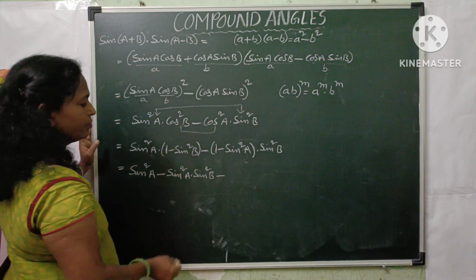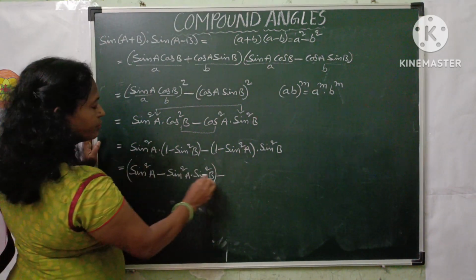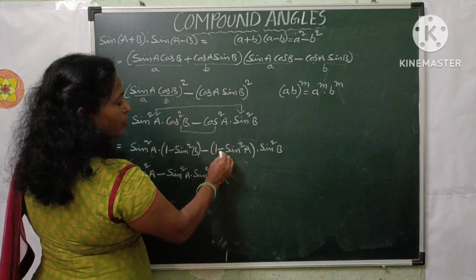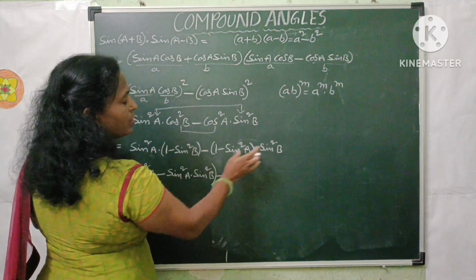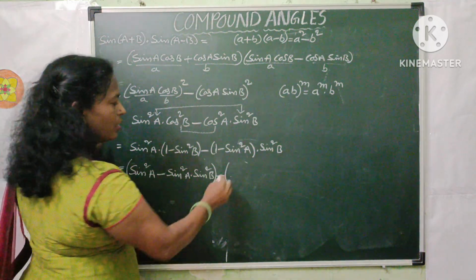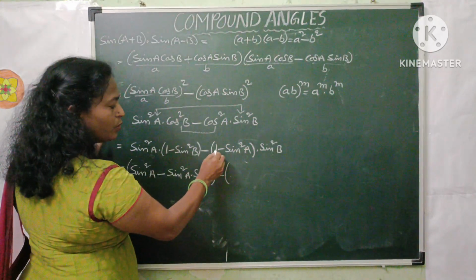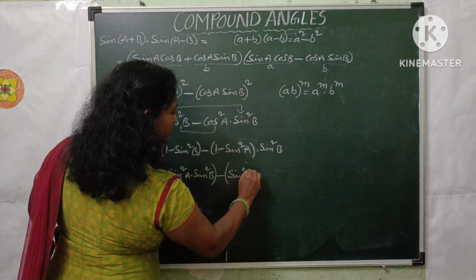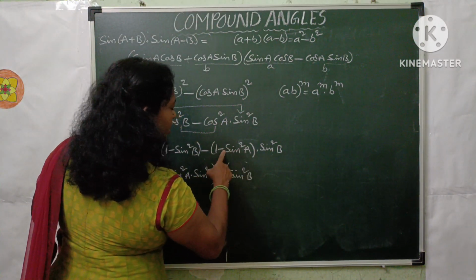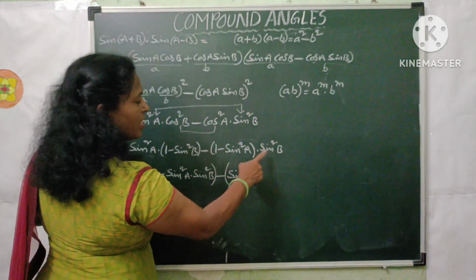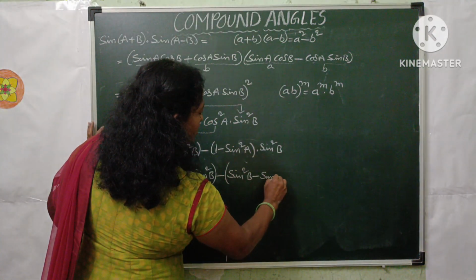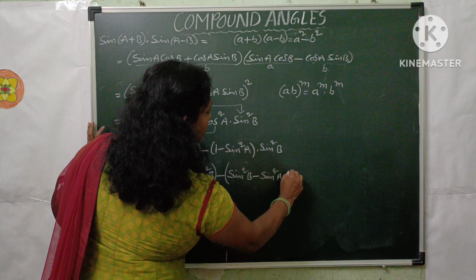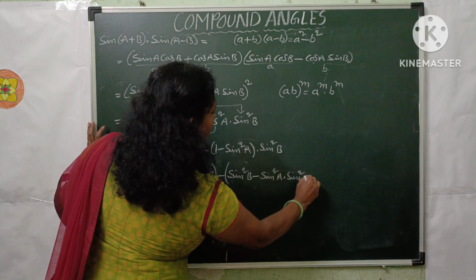Minus here also, again we have to multiply sin square b with (1 minus sin square a). So sin square b into 1 is sin square b, minus sin square a into sin square b.